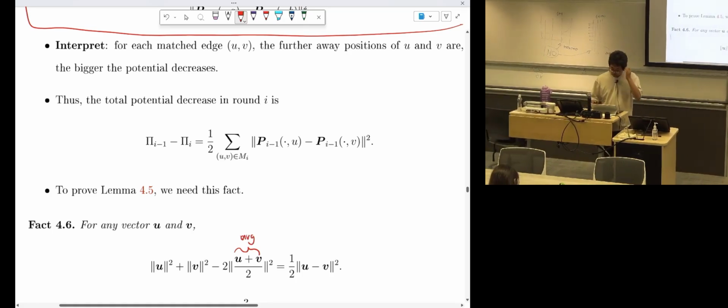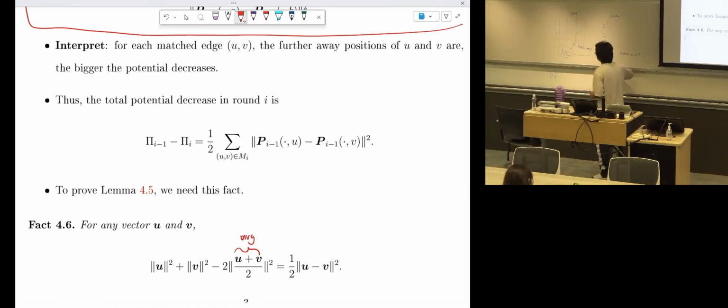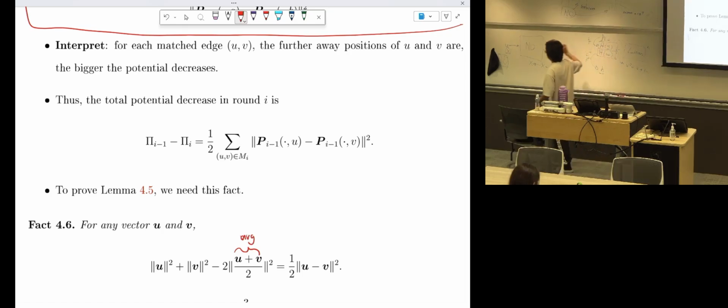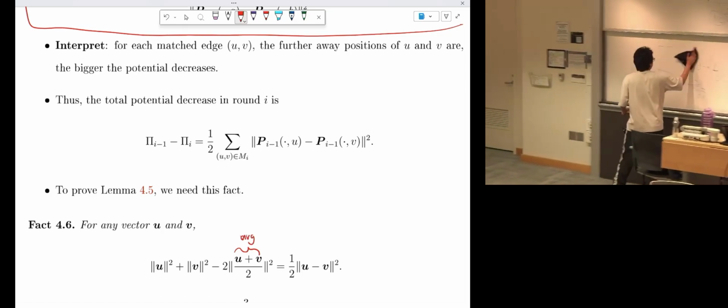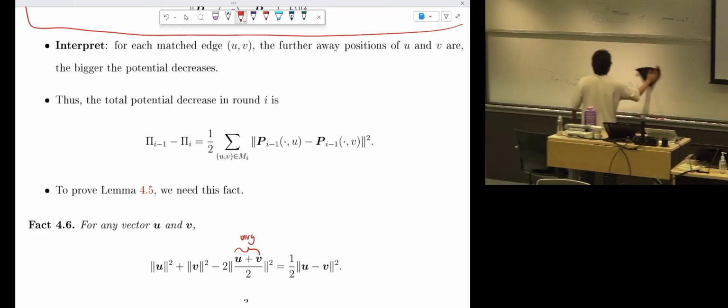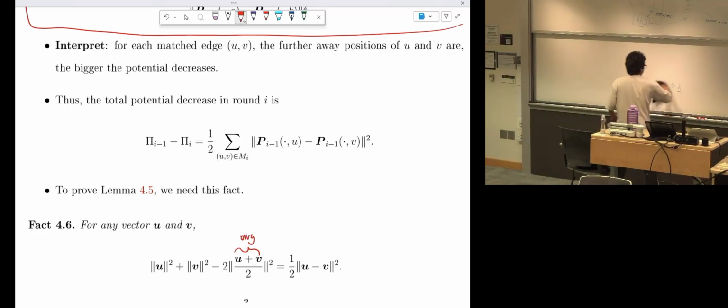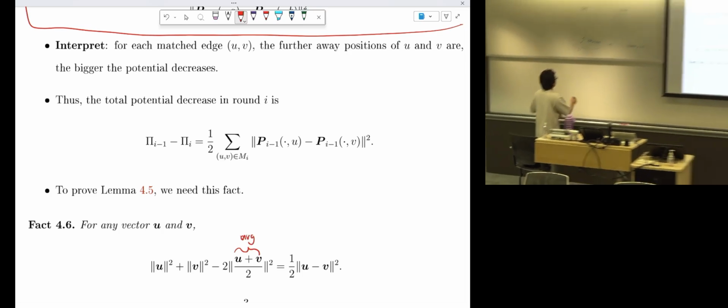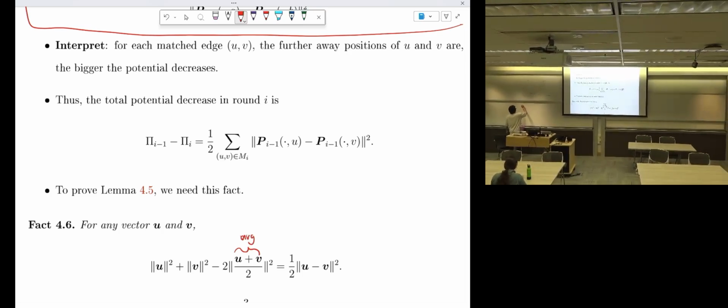So why is that the case? This is because u and v are vectors.